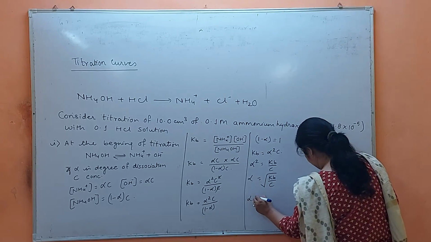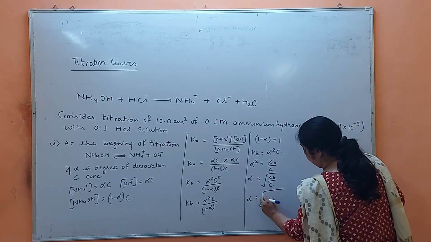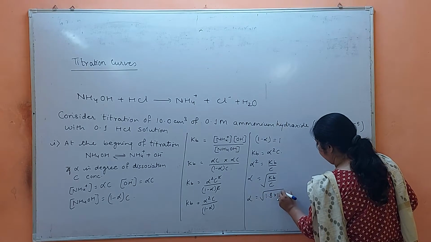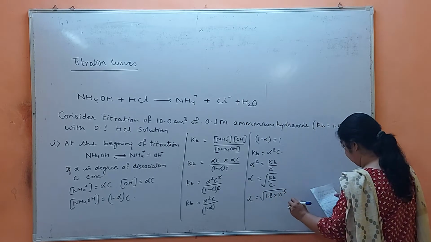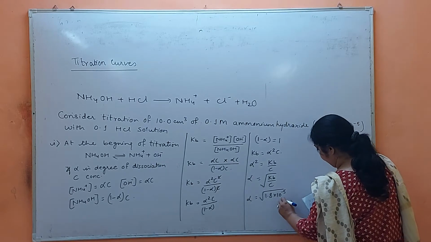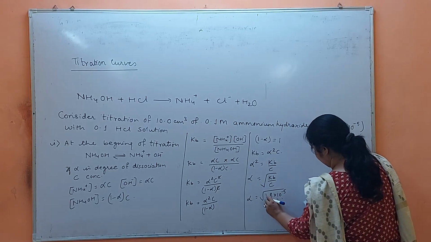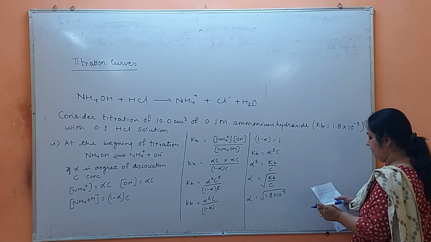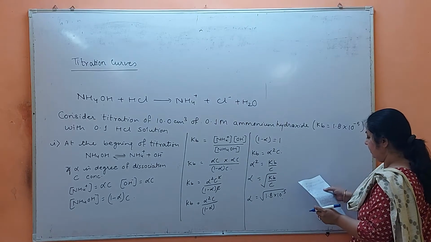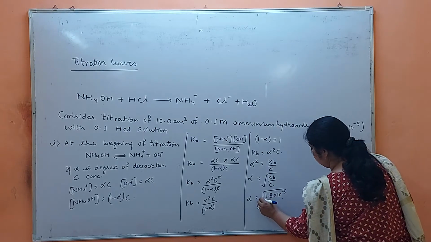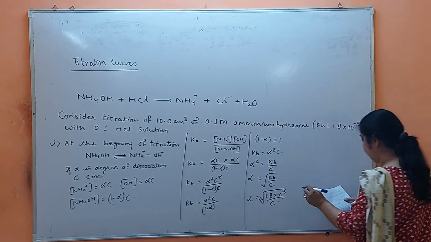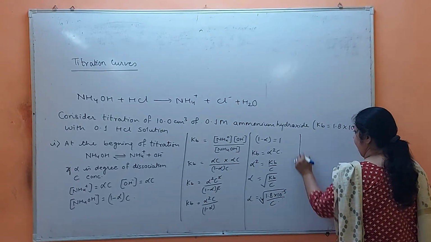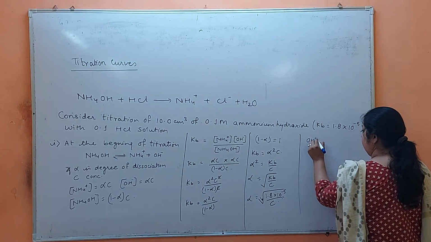We have got Kb 1.8 into 10 raised to minus 5, and C is 0.1. And OH minus ion concentration is what?